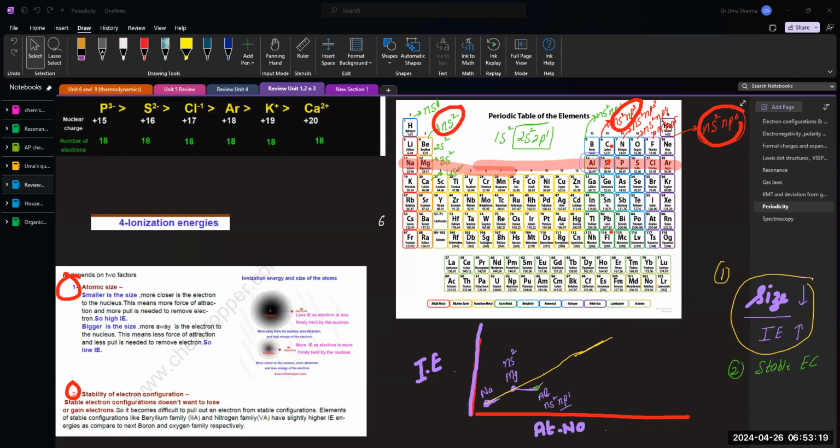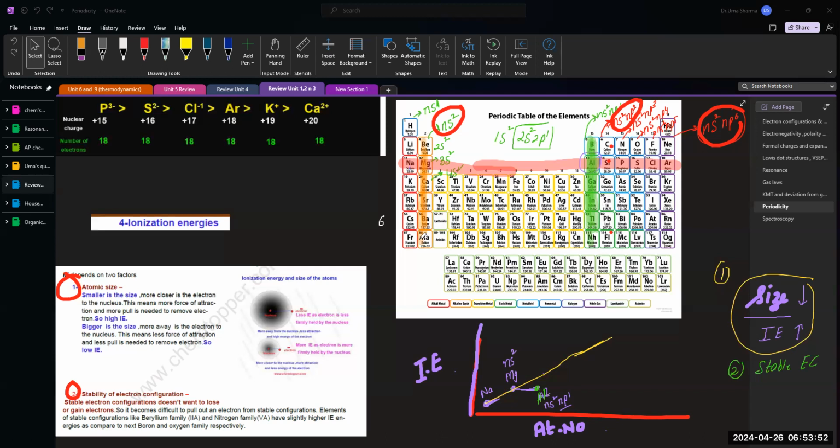Here is aluminum, which is less stable than magnesium. So can I say third period elements, sorry, not period, third group elements, ionization energies will be lesser than second group elements.